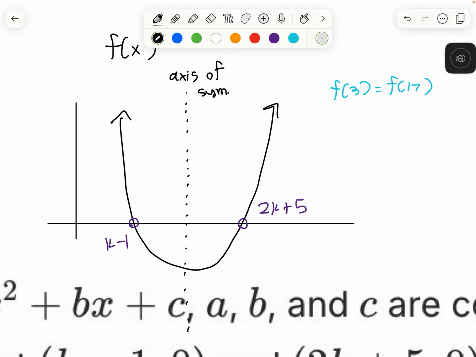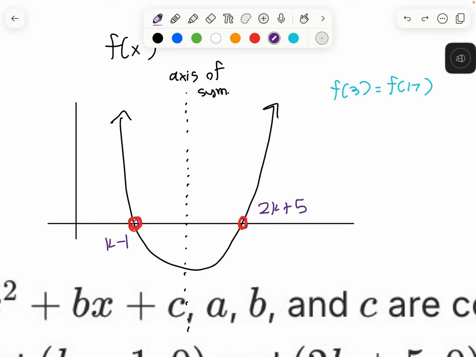And the unique thing about a parabola is that the distance from this axis of symmetry to each of the x-intercepts is the same, because a parabola is symmetrical in nature. So we know that these distances from each of the x-intercepts to the center are the same.